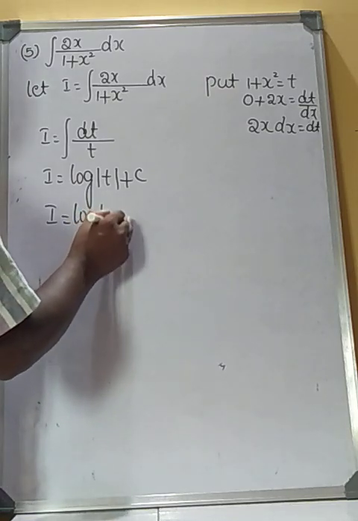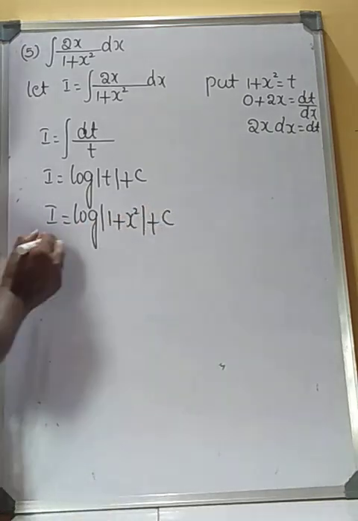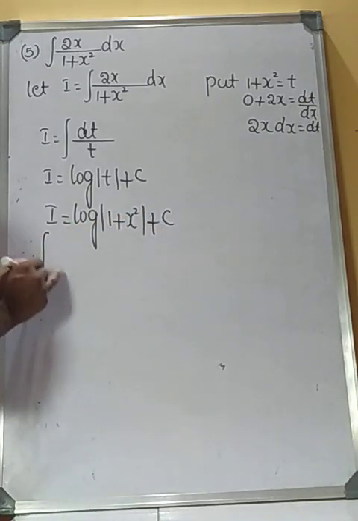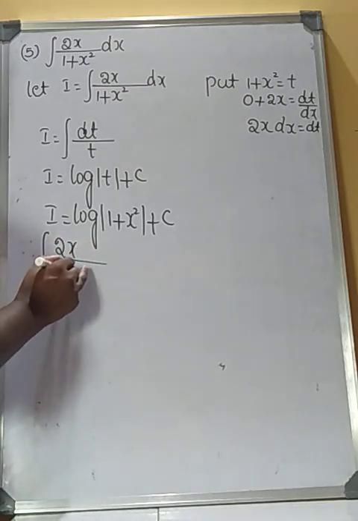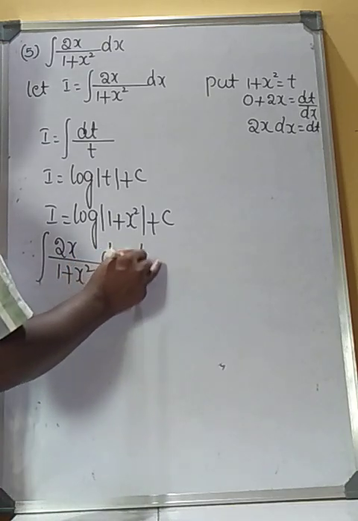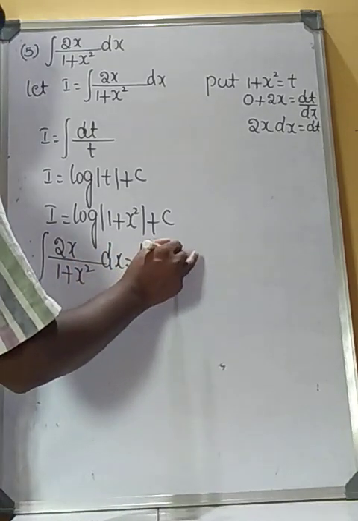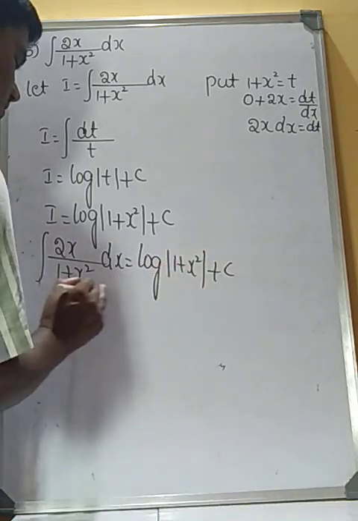What is t? 1 + x², plus c. Therefore the integral of 2x/(1 + x²) dx = log|1 + x²| + c.